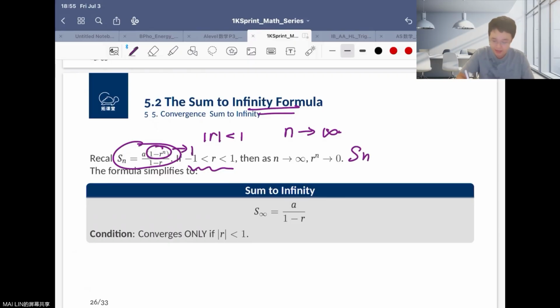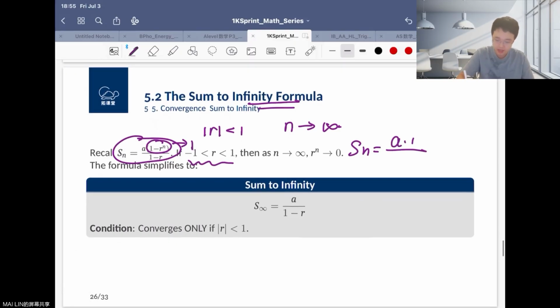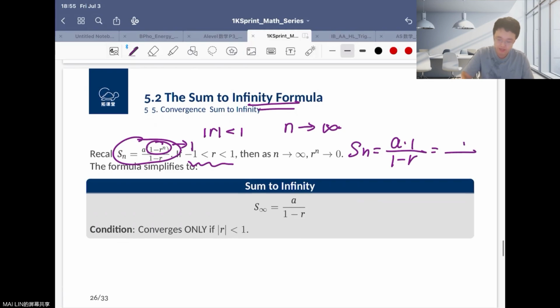So Sn becomes a over 1 minus r. We call this the sum to infinity of the series.